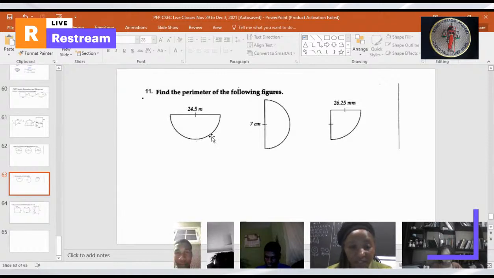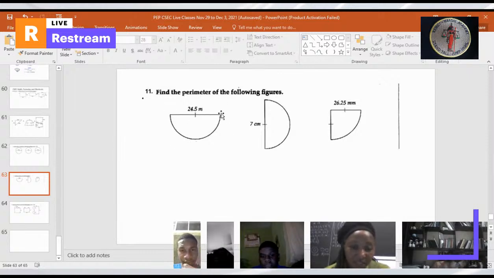So when we find the circumference, we have to divide it by 2 because it's just halfway around the circle. That's what I was saying earlier. But you also need to add the diameter to it, because you want the perimeter of the semicircle.